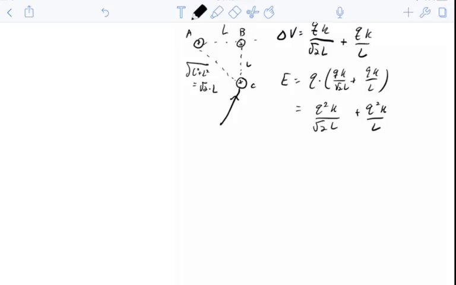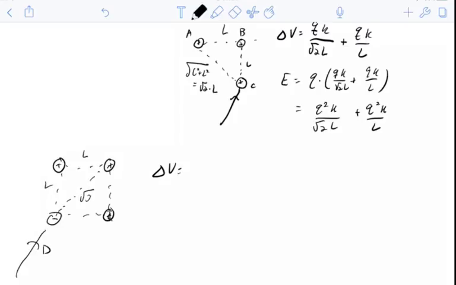So now we have A, B, and C in place, and we're going to bring charge D in. The change in potential for this one is going to be: that distance across is going to be square root 2 times L. So that energy is going to be the potential for the first one plus the potential for the second one plus the potential for the third one.